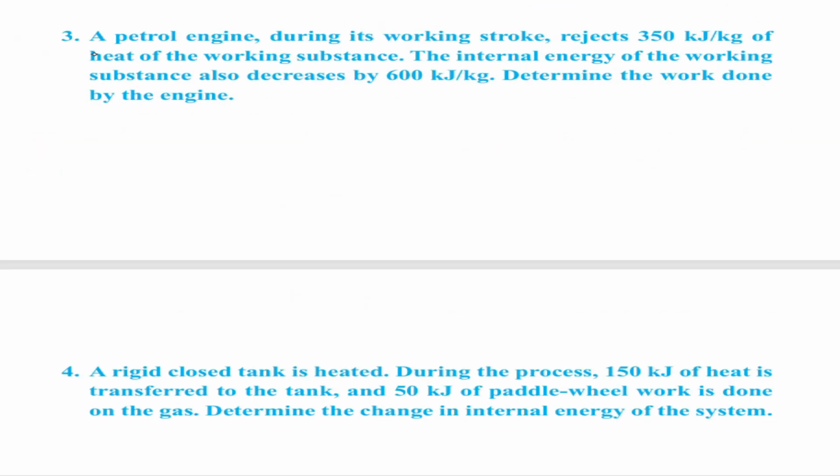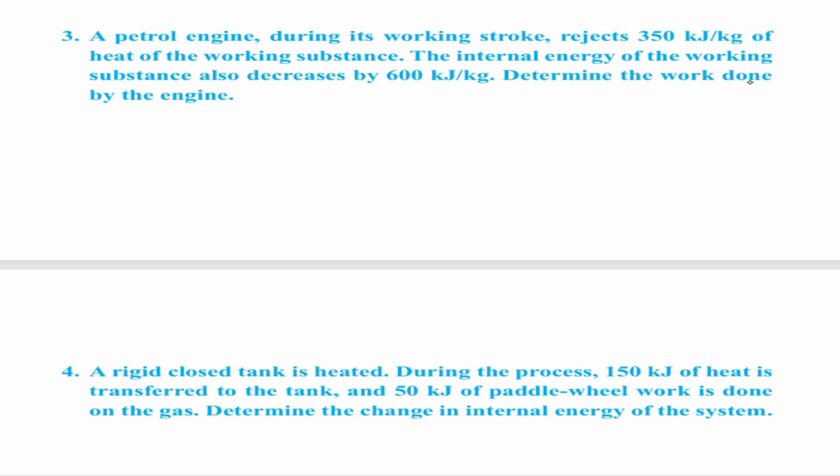Question 3. A petrol engine during its working stroke rejects 350 kilojoule per kg of heat of the working substance. The internal energy of the working substance also decreases by 600 kilojoule per kg.